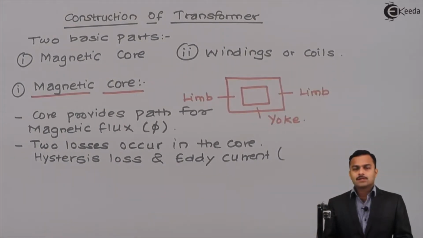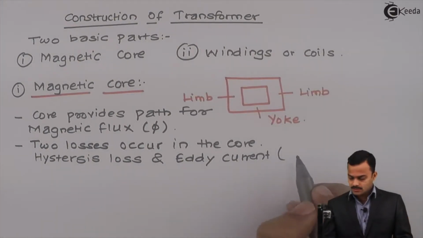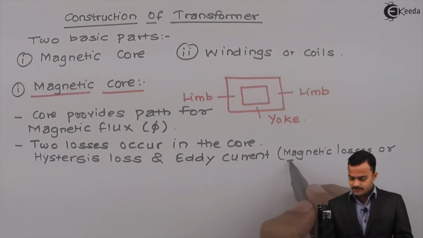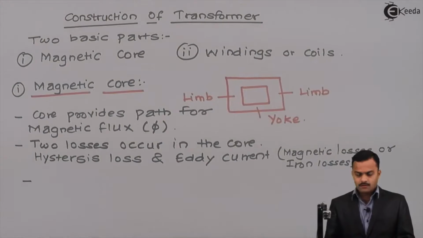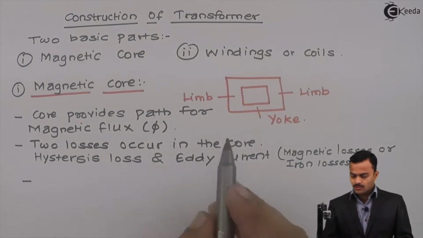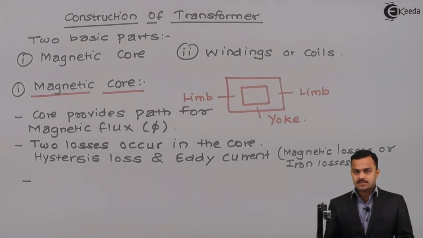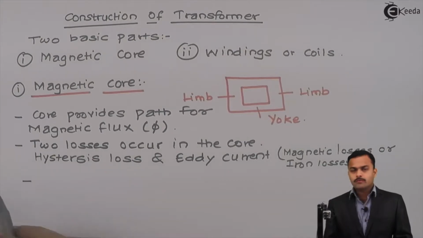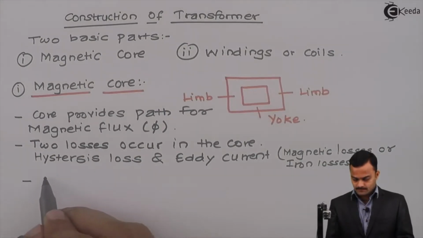Together, these losses are called as the magnetic losses or iron losses. Now, we need to construct or make a core such a way that these two losses are as low as possible. How we can get that? Through design. So let's discuss how to minimize hysteresis loss.